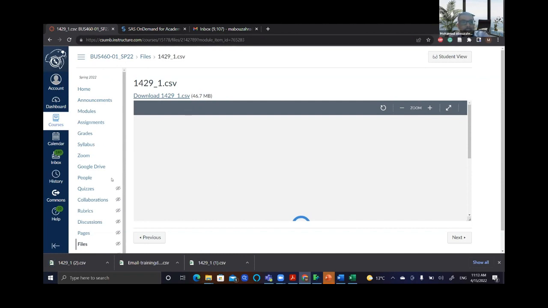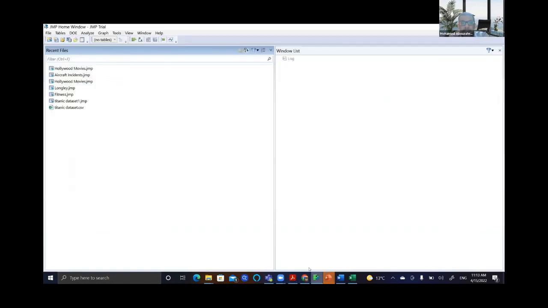Okay. So this is going to download a file called 1429_1. And this file basically has reviews about Amazon products. Amazon products are products that are created by Amazon, like the Kindle, the Kindle Fire, and all of these things, tablets created by Amazon. Okay, so we are downloading this file, and I will open it using my JMP.